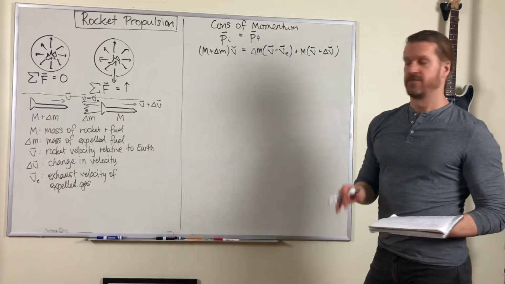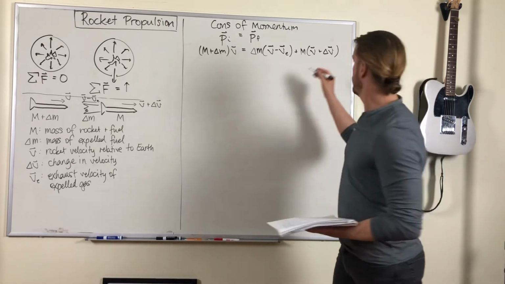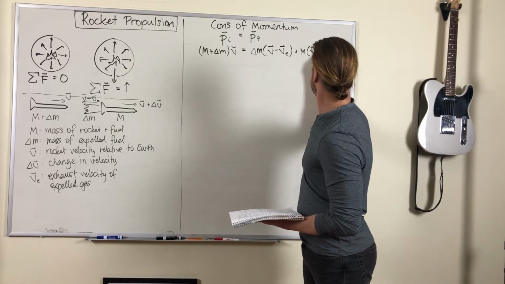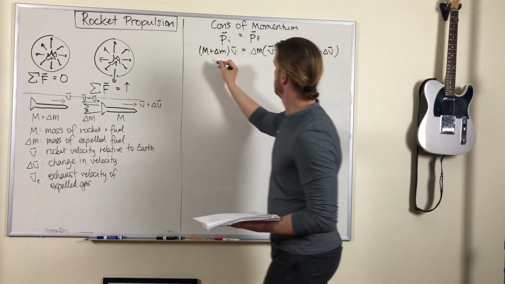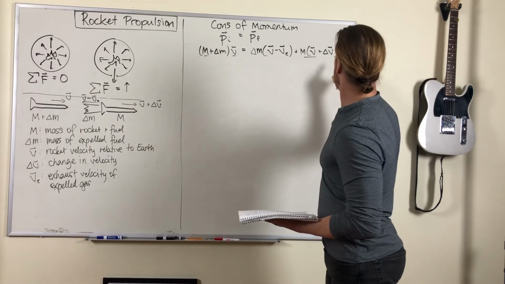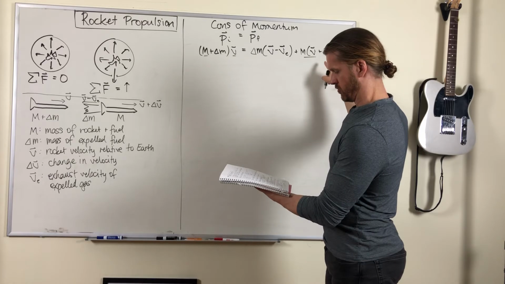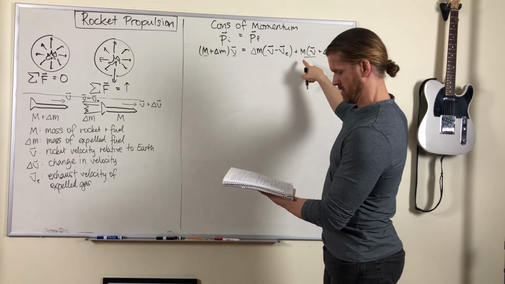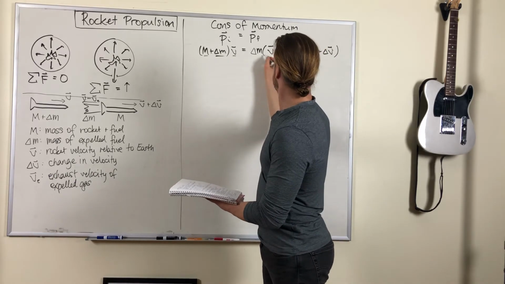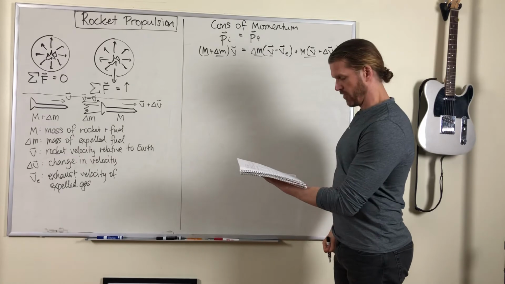All right, now we can do some algebra here. A lot of these things cancel. Notice we've got mv, we've got delta m times v, and those terms all cancel.